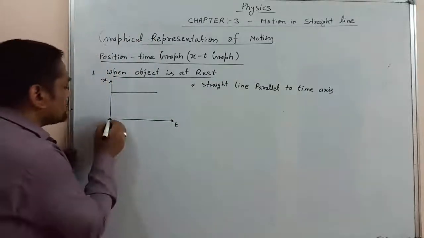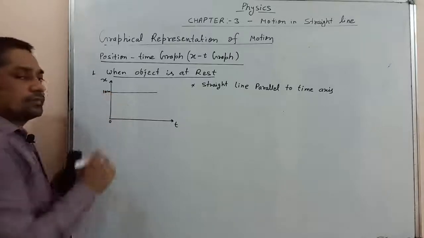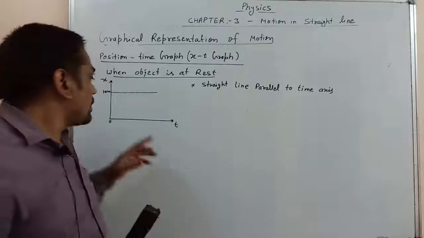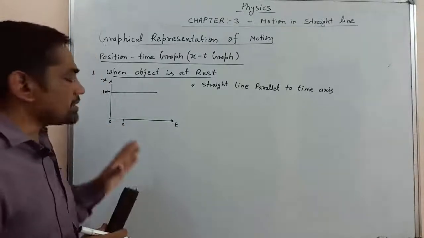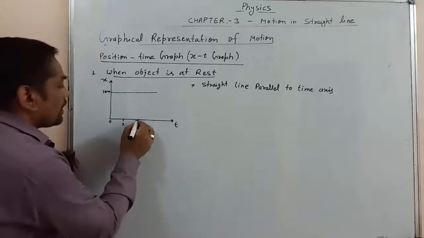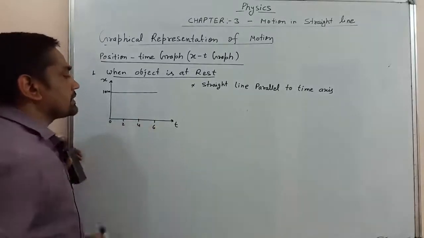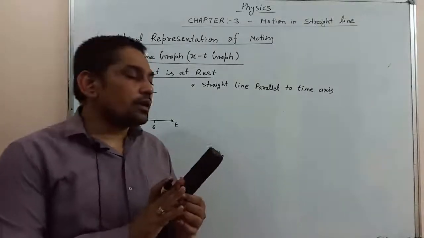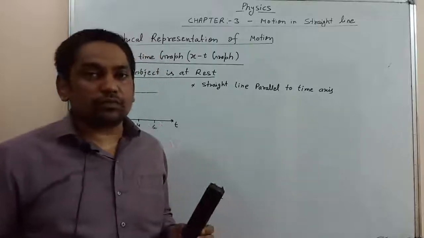Why? At 0 second, suppose the displacement of the object is 10 meter. After 2 seconds, the displacement is 10 meter again. After 4 seconds, the displacement is same. After 6 seconds, the displacement is same. Suppose this duster is placed 10 meter away from me.